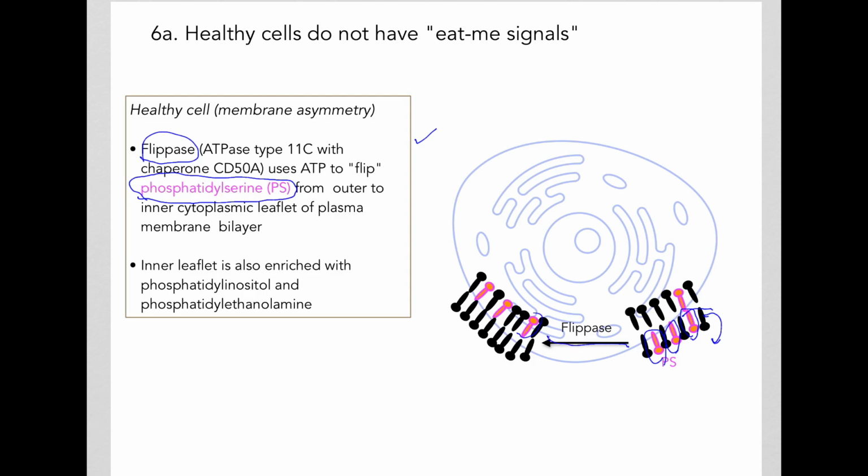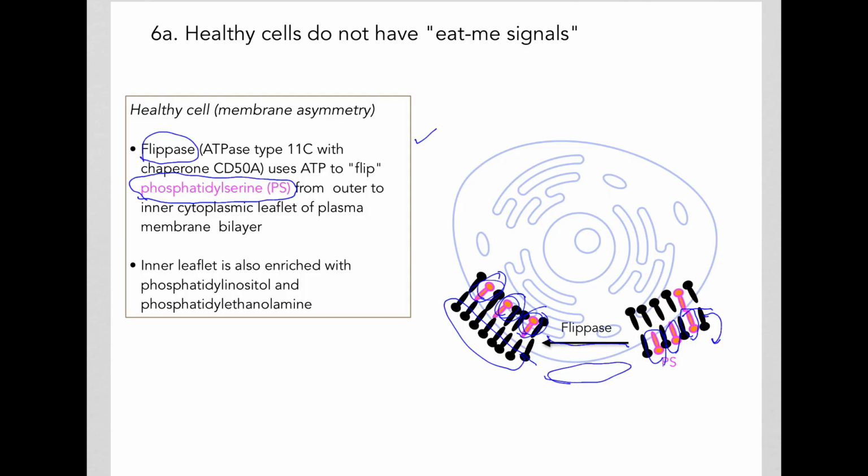They are sent to the inner leaflet. Okay, so there is no phosphatidylserine that is exposed on the outside of a healthy cell. Okay, so all the phosphatidylserine is inside, facing the cytoplasm of the healthy cell.